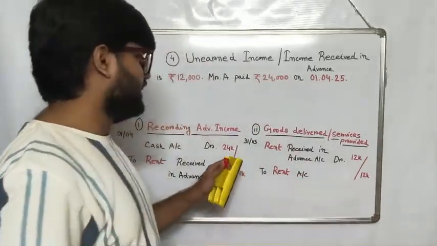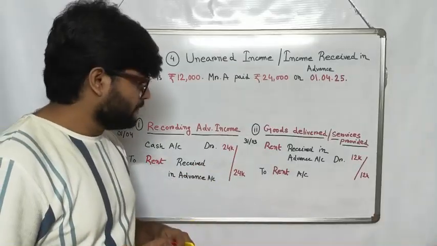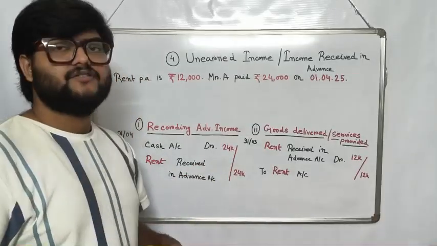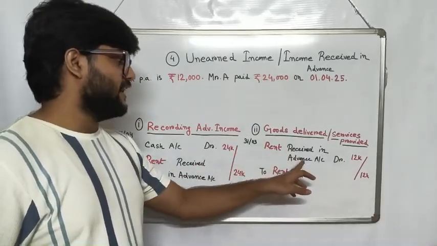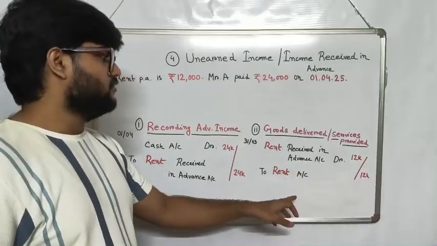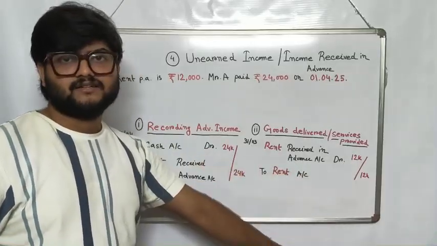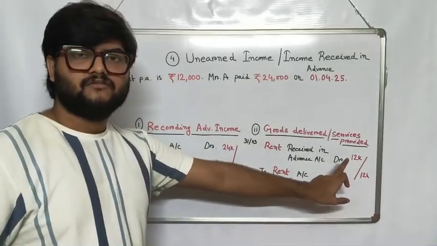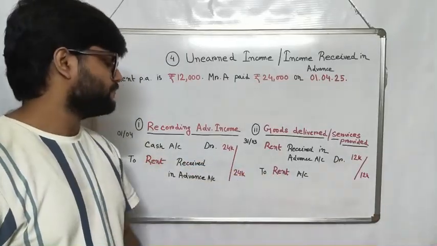Okay, so at the end of the financial year, the journal entry will be rent received in advance to rent account, that is 12,000, the relevant rent for this annum.